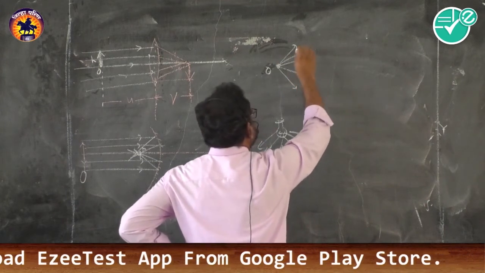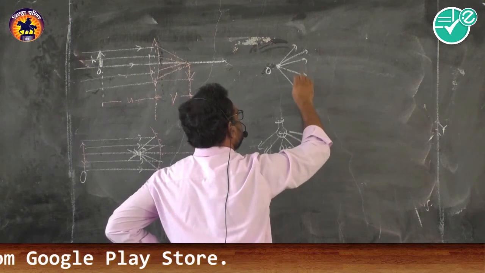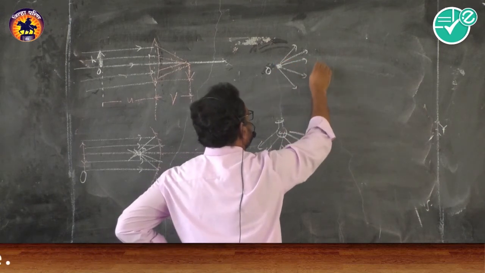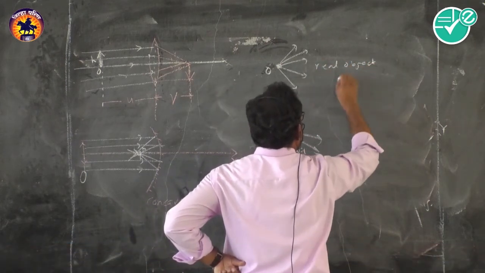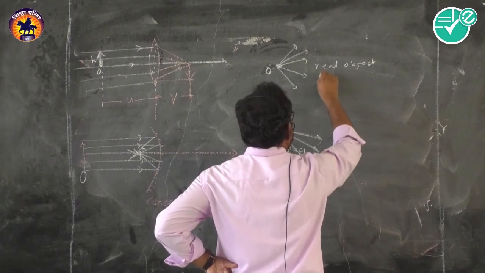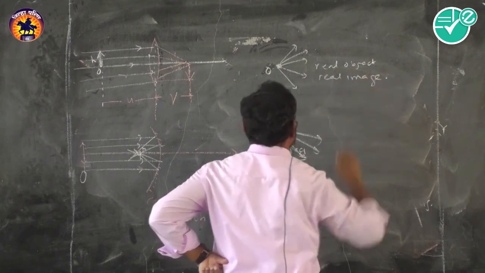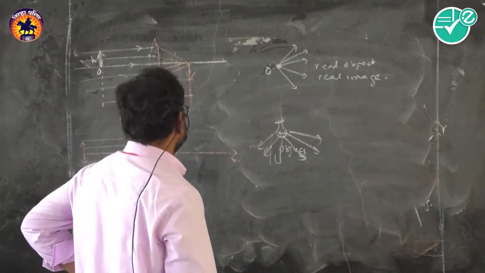So these rays of light are coming, which means there is an object somewhere. This type of object is called a real object, and the image is also a real image, and it happens in a convex lens.